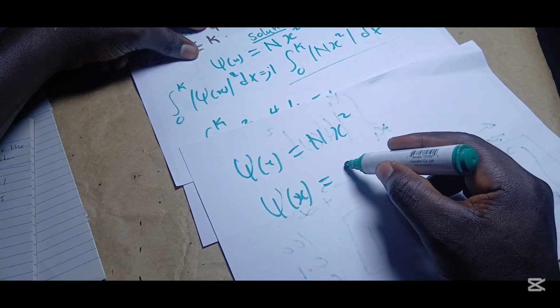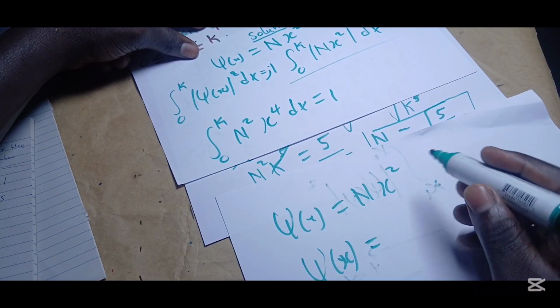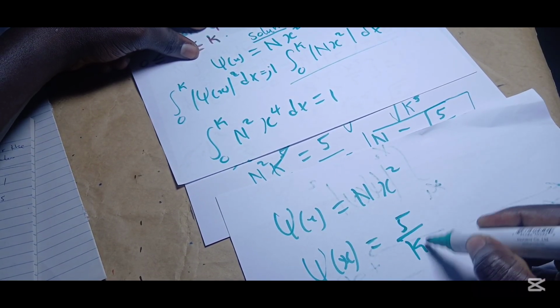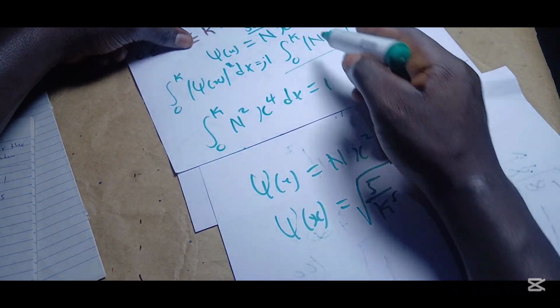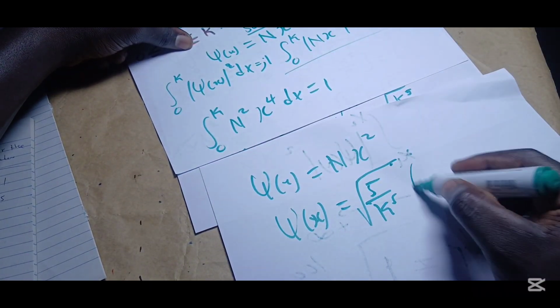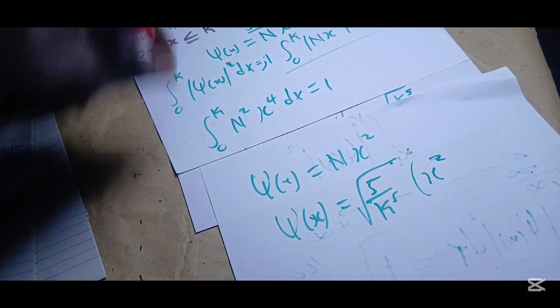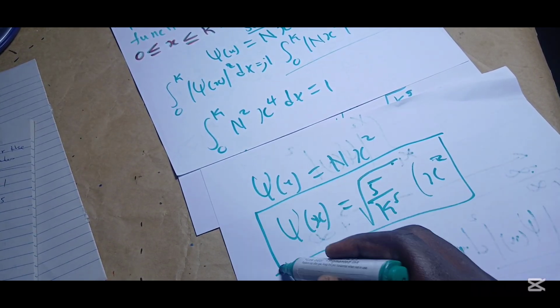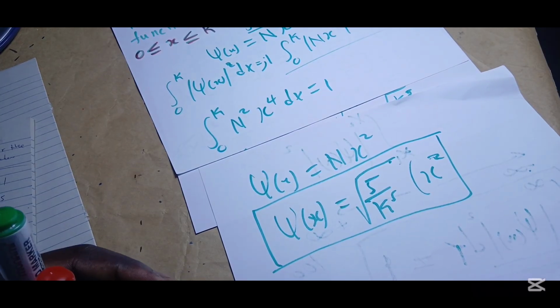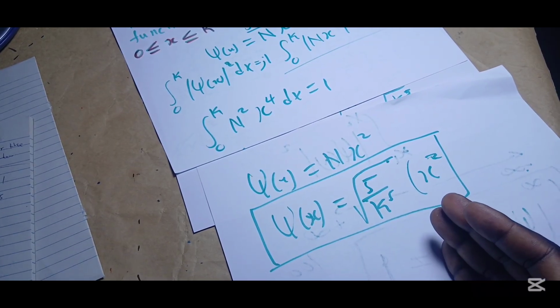So psi of x equals the square root of 5 over k to the power 5, then the wave function, which is x squared. So now this wave function is normalized.